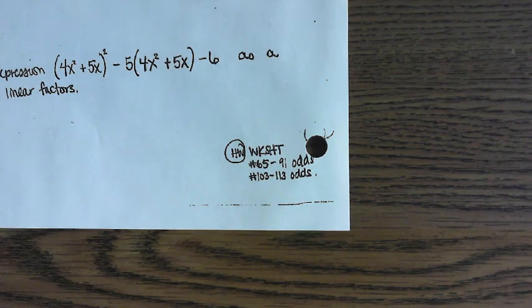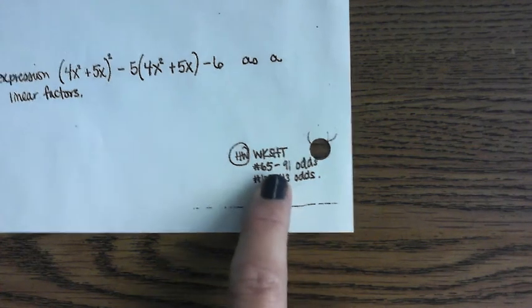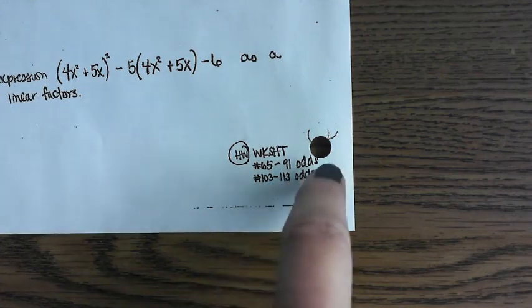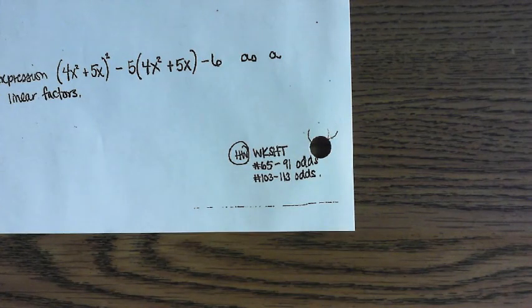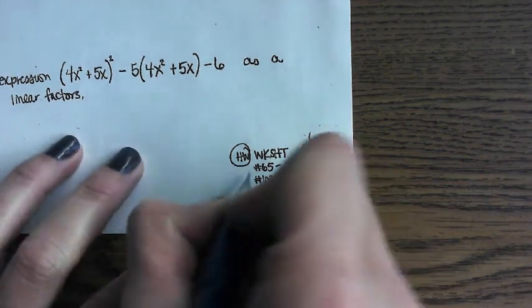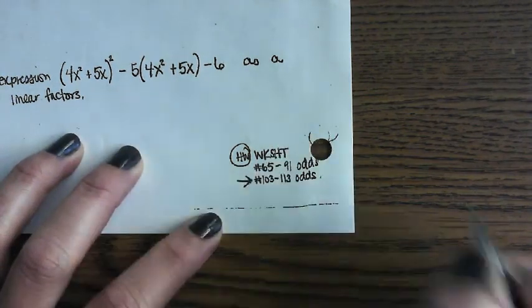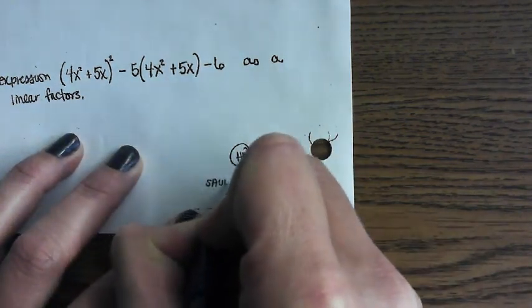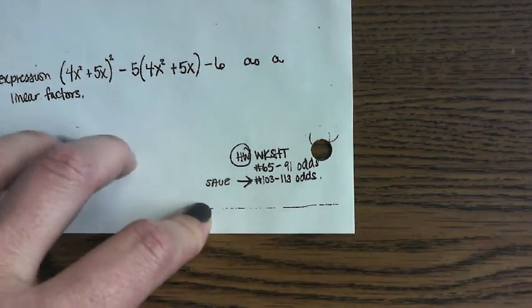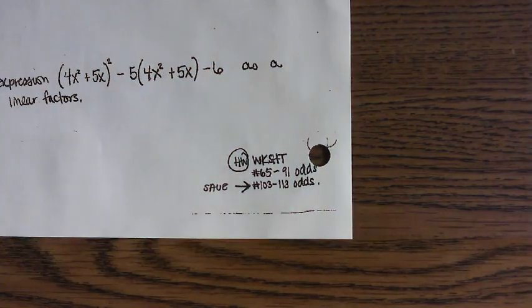For the most part, yes. Why don't we do this? Let me change the homework quickly. Just do 65 to 91 and we'll save the other section for tomorrow night. Is that fair? What's that? 65 to 91, just the odds.